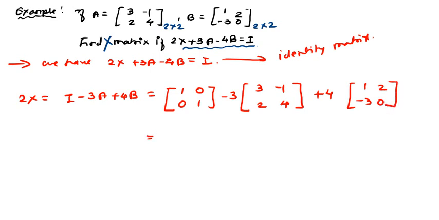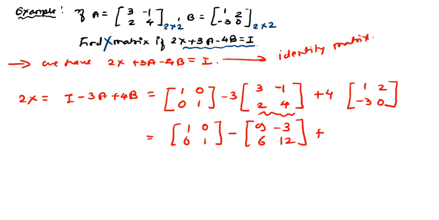Okay, so this is equal to [1 0; 0 1] minus, multiplying this matrix by the scalar 3, this will be 9, this will be minus 3, this will be 6 and 12, then multiply again this matrix by the scalar 4, so this will be 4 into 1 is 4, minus 12, 8 and 0. Okay, now just subtract all three matrices.